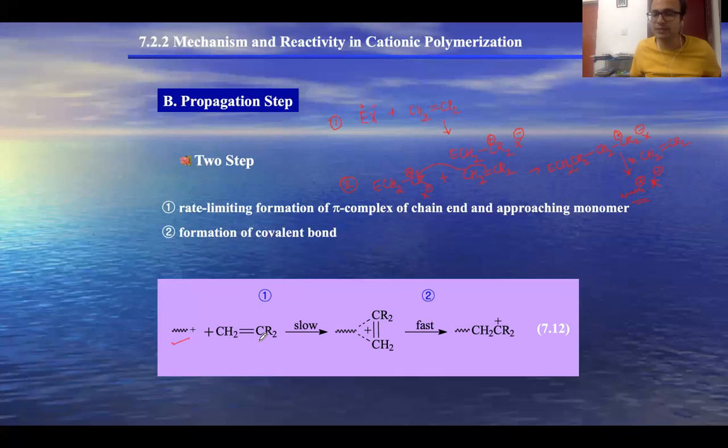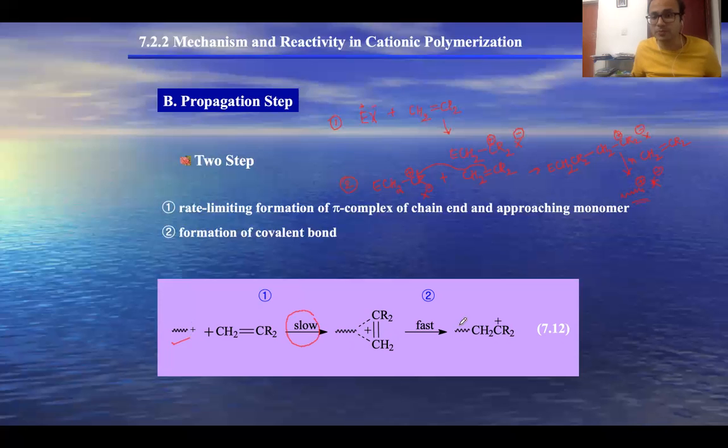When it reacts with the monomer, it actually involves two stages. One stage is the formation of a pi complex. Because vinyl monomer has pi electrons, the propagating chain forms a pi complex with the monomer, which is a very slow process. And then you have the direct formation of a covalent bond between the propagating chain and the incoming monomer.